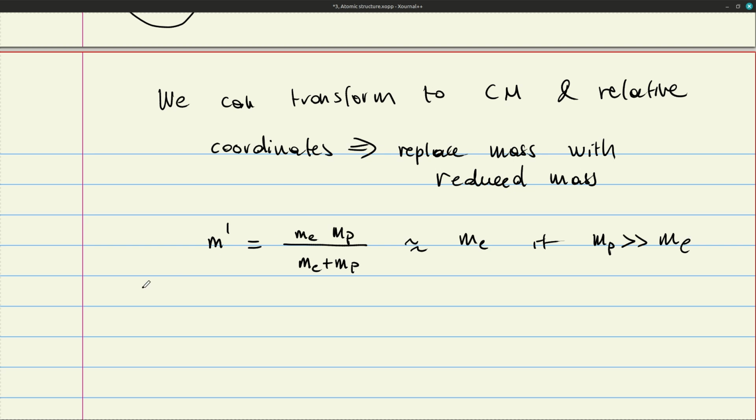And you can, for example, calculate the correction. Let me call this E_n prime, which is going to be minus, initially we had m e to the 4 divided by 8 epsilon naught squared h squared, times 1 over n squared, and for E_n prime you are just going to put this m prime here, and the difference is of order m prime over m electron.